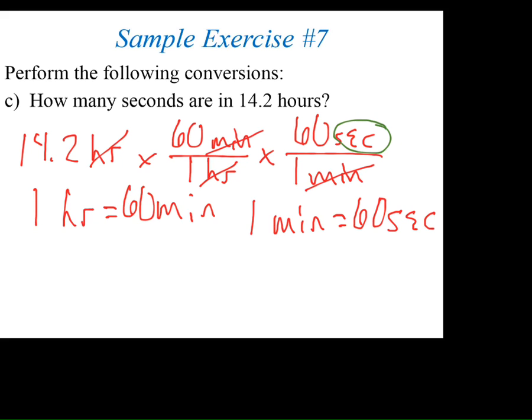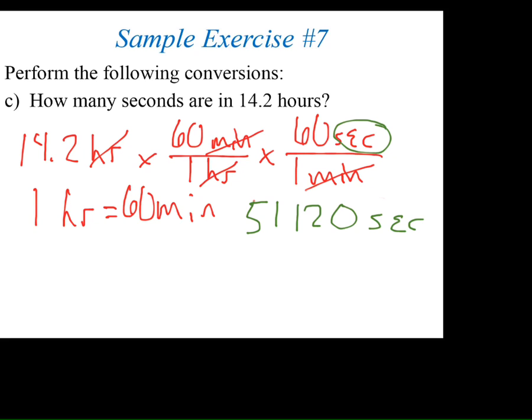So 14.2 times 60 times 60. Of course, the ones you don't have to worry about, because dividing by 1 won't change anything. Okay. So I got 51,120 seconds.